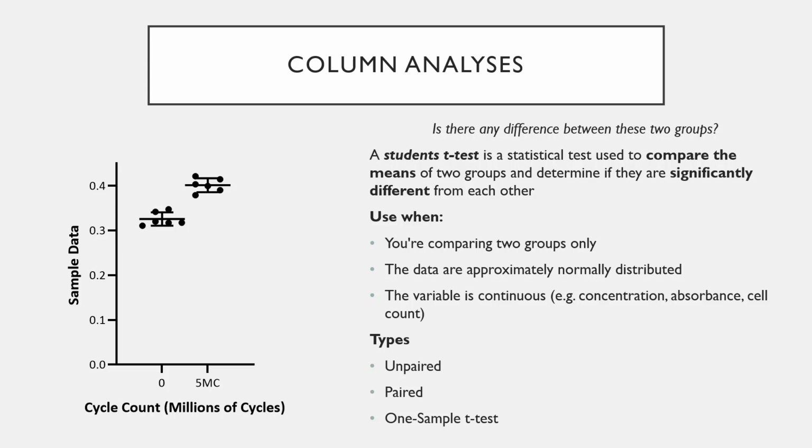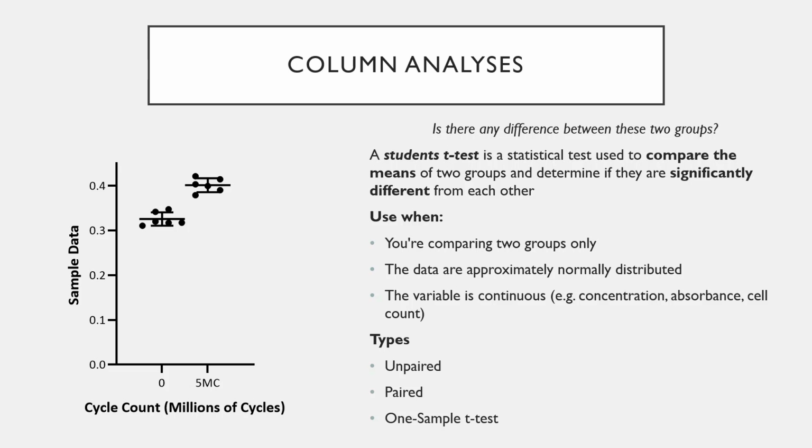And it's used specifically to compare the means of two groups and see if they're significantly different from one another. You can also ask, if you do a one-way test, if one is significantly greater or specifically less than another as well.